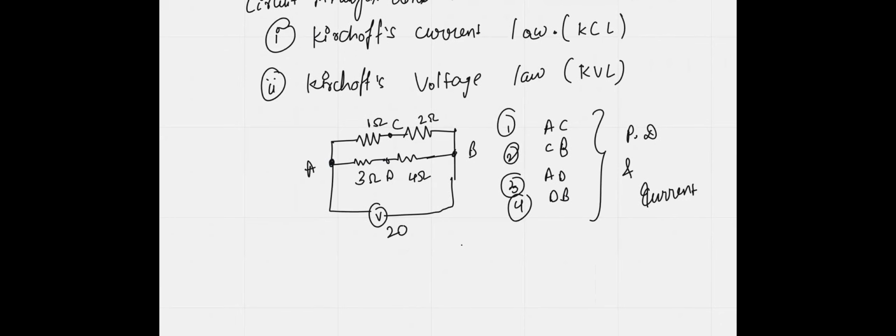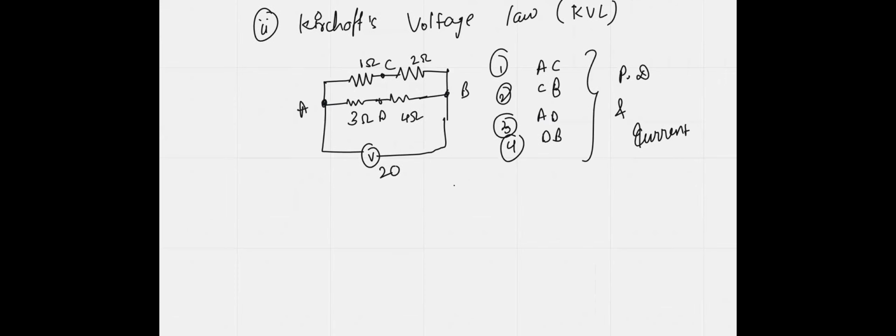Also, Kirtana, I forgot to counter you at that time. You told me an equivalent resistance answer for a circuit, right? A and B. What was the answer you told at that time?